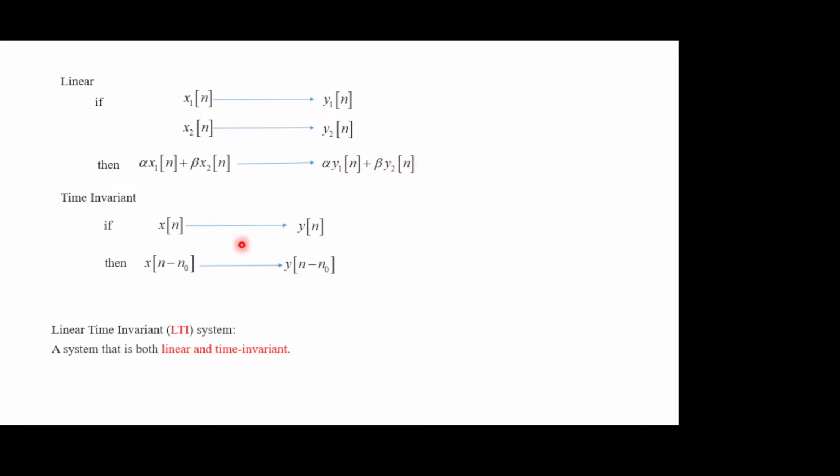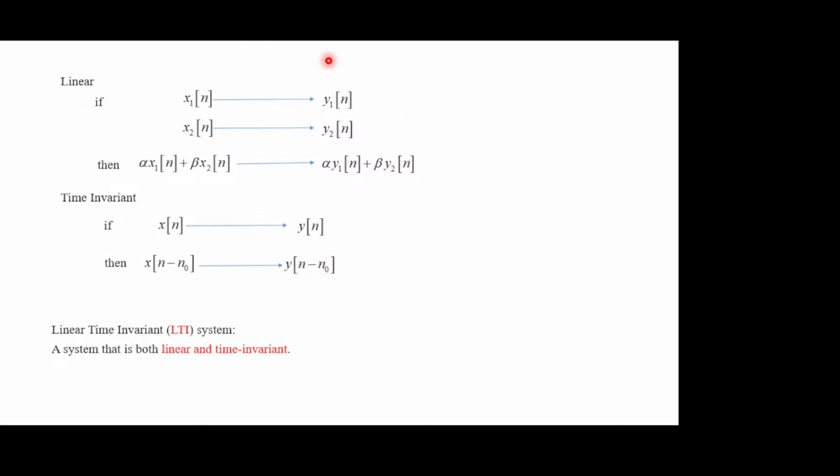And time invariant is something hopefully you haven't forgotten, but it means that whenever you have one input-output pair, x mapped to y, and you shift this x by an arbitrary time shift, so x goes to x of n minus n0, then this y will have the same time shift, so y will go to y of n minus n0.